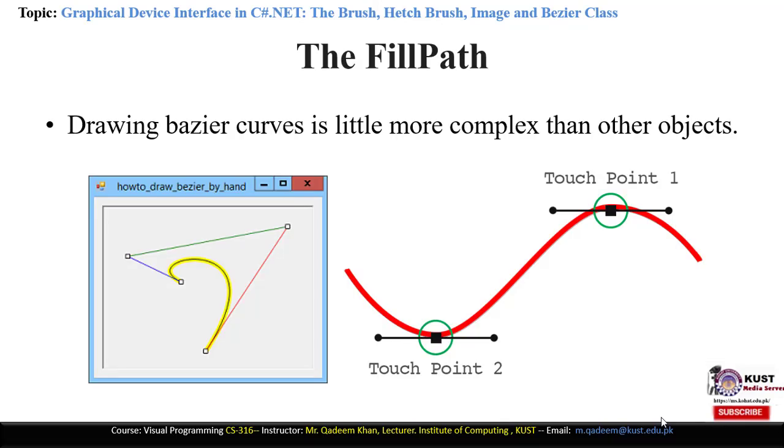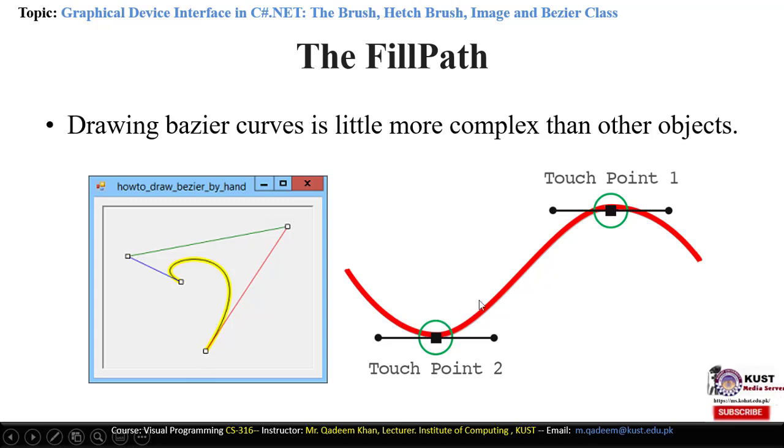That is the FillPath, used to fill the path of a certain Bezier. So here we will draw a Bezier, and the Bezier has different components, and it has a certain curve as well. So drawing the Bezier curve is a little bit complex, but also very interesting here. So we need different points here.